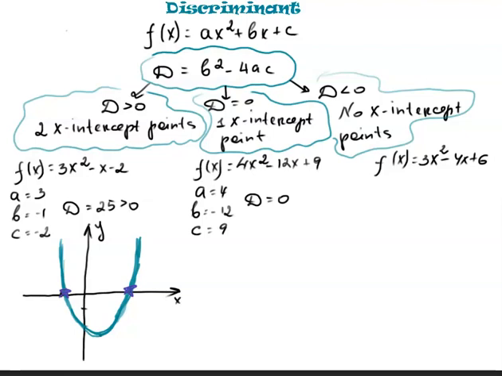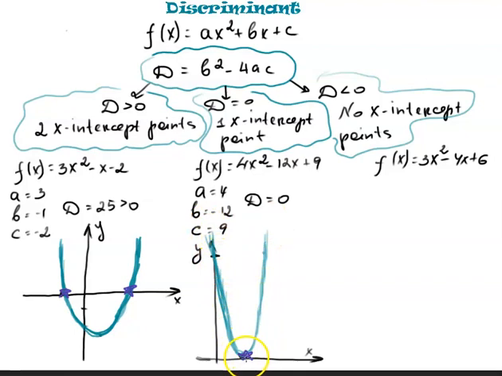And to have only one point of intersection with the x-axis, the point will have to be right on the x-axis. So your parabola will look somewhat like this, and the point of intersection with the x-axis will be your vertex.